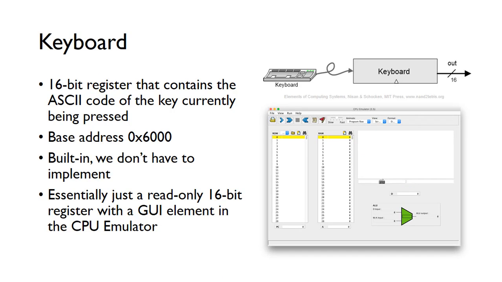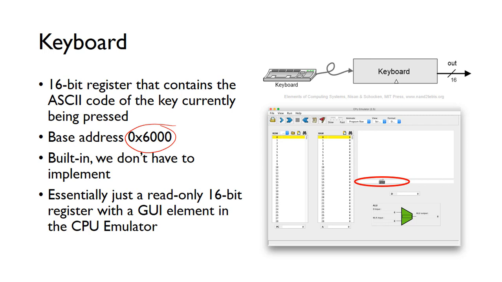And the keyboard is essentially just a single register that contains the ASCII code of the key that's currently being pressed. It's got a base address of 0x6000. Again, it's built in, so we don't have to implement it, but it is essentially just a single register with this GUI element. So using this part of the CPU emulator, we can input keys.